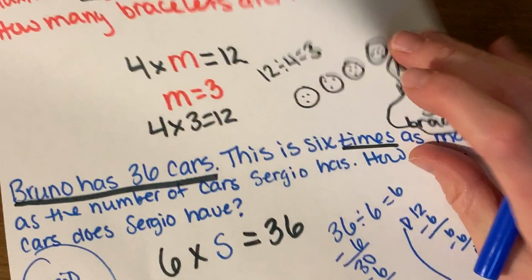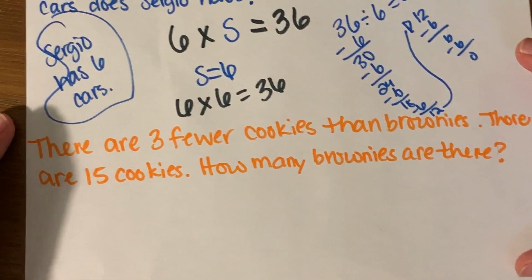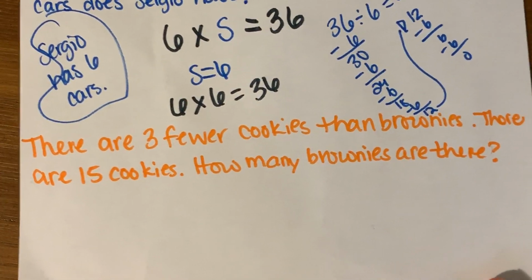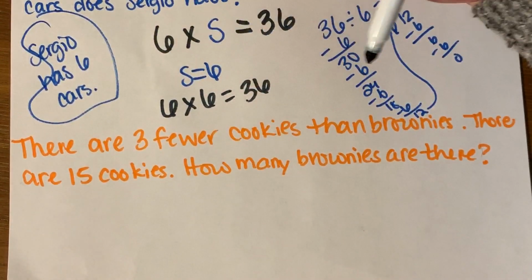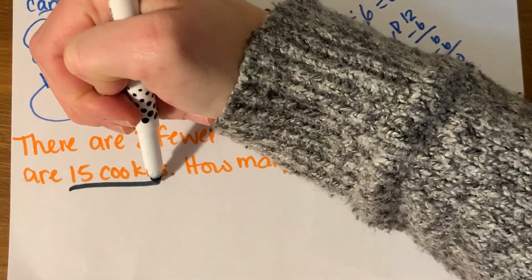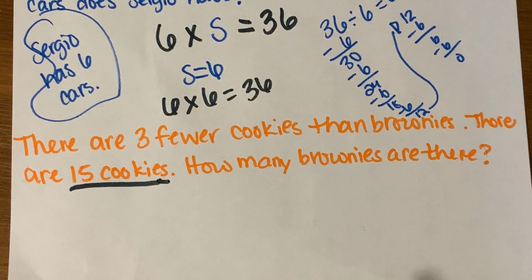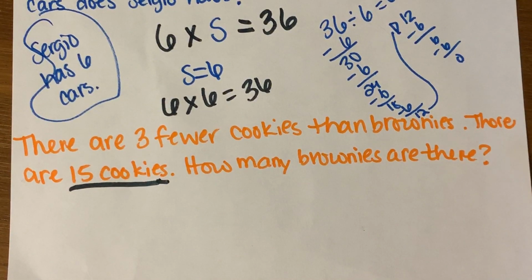Okay, the last one I want to look at says that there are 3 fewer cookies than brownies. There are 15 cookies, so how many brownies are there? So we know that there are a total of 15 cookies, so that's good. And now we're just trying to figure out whether or not we need multiplication or an addition operation. Well, I don't see the word times anywhere, so that is a huge clue to me that we are not going to be using multiplication.